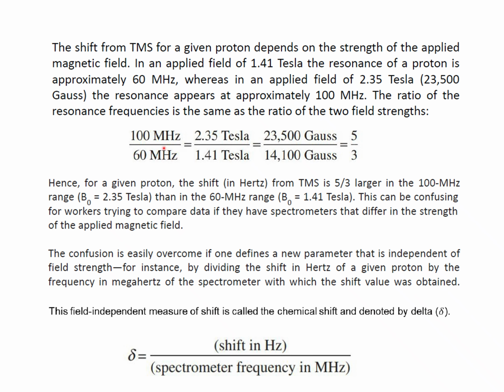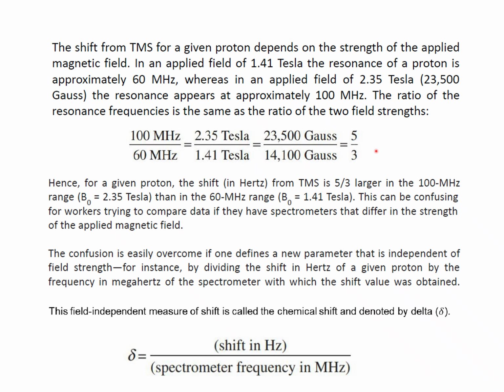Actually, whenever the ratio of the resonance frequency is shown, we have some value like 5 by 3. For example, 60 MHz is for the standard, and 100 MHz is for some applied field. So actually we'll have a value like 5 by 3, and this value is much more difficult to interpret.